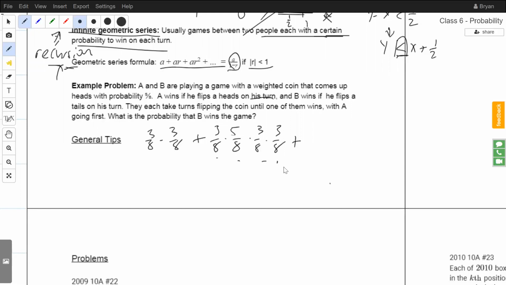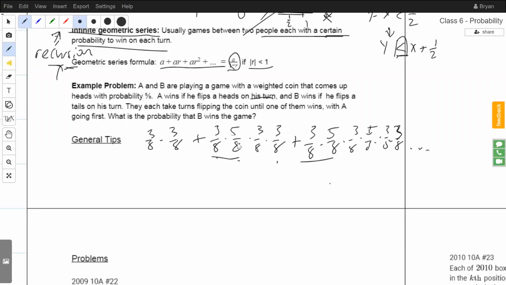And you can see that this pattern holds for each case. In theory, since it can take an infinite number of turns to win the game, the sequence will just go off to infinity. But we know that the common ratio between each of these terms is just going to be 3/8 times 5/8. As you can see here, there's an extra one.